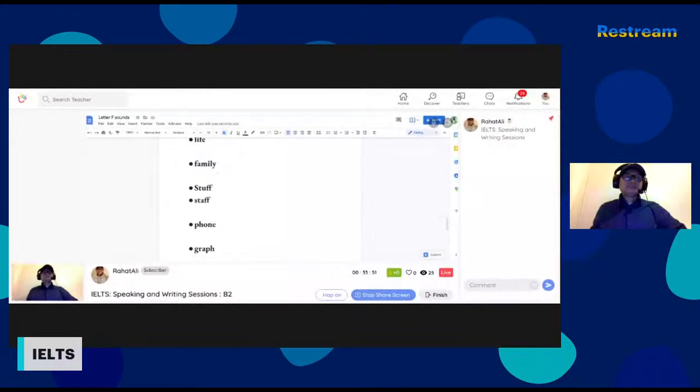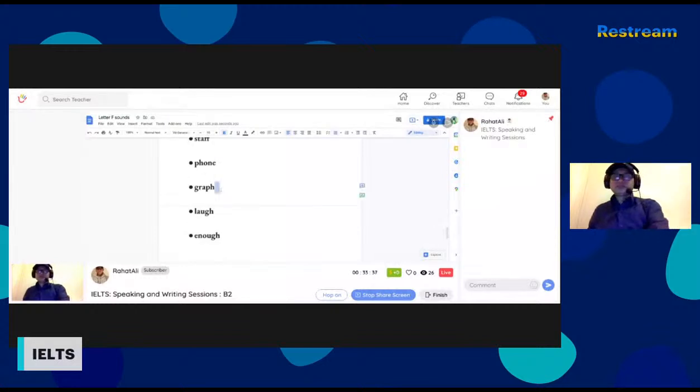Oh, we have to distinguish and differentiate these two sounds, guys. STUFF and STAFF. Do they sound same? Let's find out. Phone, graph, love. We already know graph. Enough. How about cuff?